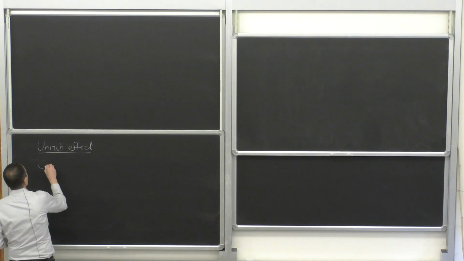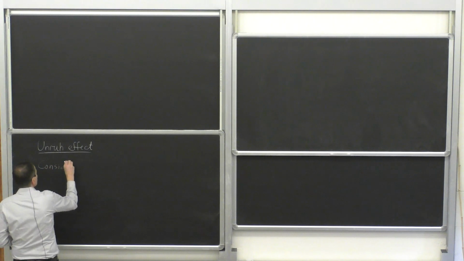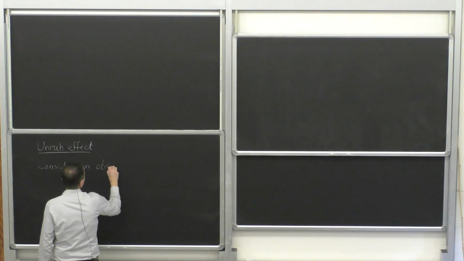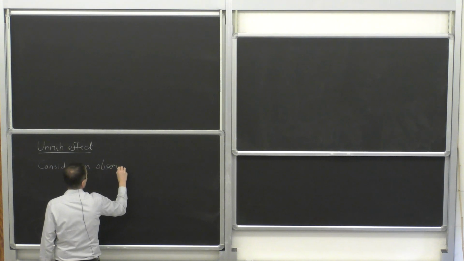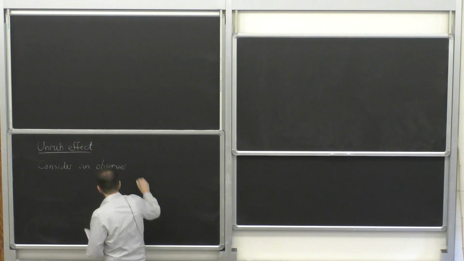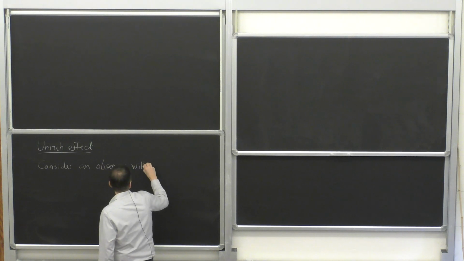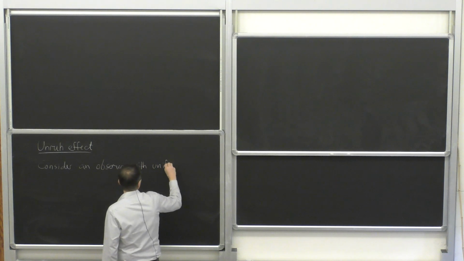Now, I'm going to start with a suggestive formal argument, which is analogous to our Euclidean black hole considerations. And then I will do a slightly better version. So what we're going to consider is an observer that is uniformly accelerated in some direction.